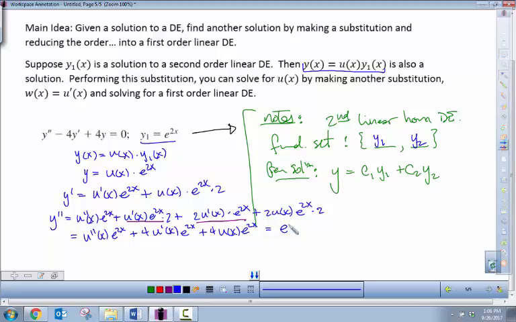So let's do that. e to the 2x, and I'll drop the u prime of x business: u double prime plus 4u prime plus 4u.